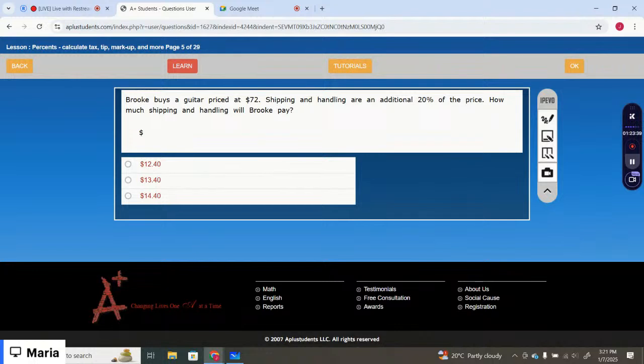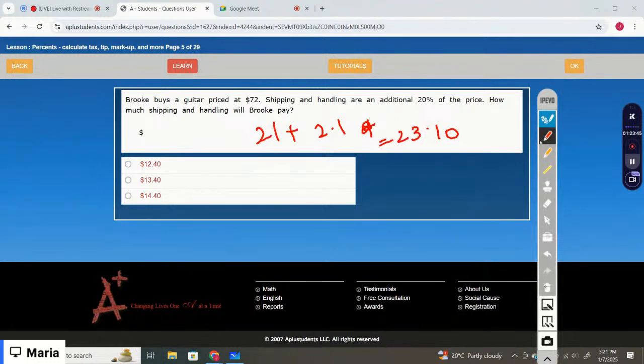Broke buys a guitar priced at $72. Shipping and handling are an additional 20% of the price. How much shipping and handling does Broke pay? So calculate 20% of the cost: 72 times 20 over 100, that is $14.4.